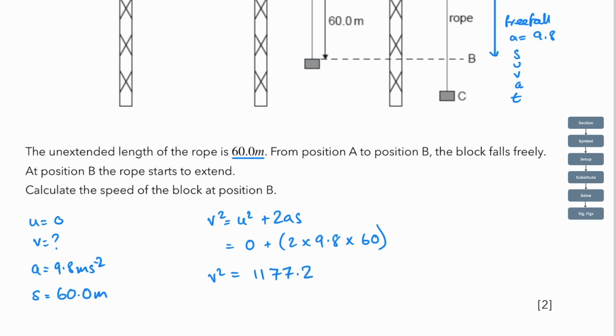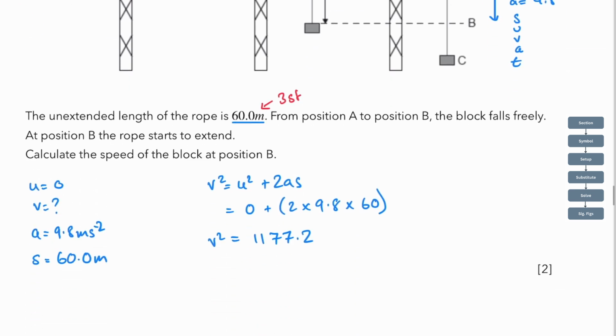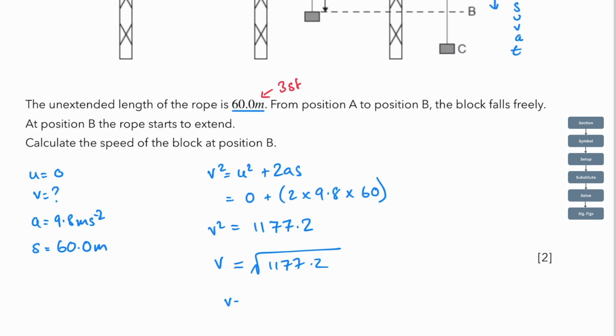And then finally we want to look at the significant figures. This is given to three significant figures. So let's do three significant figures. To square root gives us an answer of 34.3 metres per second. And that's to three significant figures as the data is given.